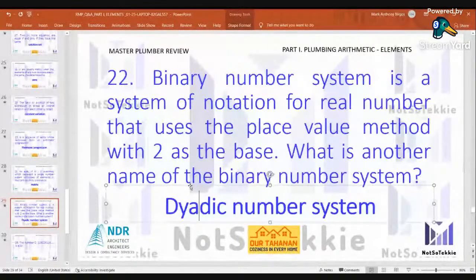Binary number system is a system of notation for real number. It uses the place value method with 2 as the base. What's another name of binary number system? The answer is Dyadic number system.